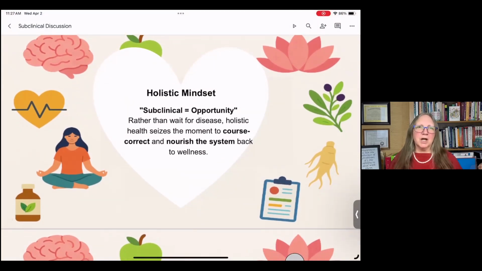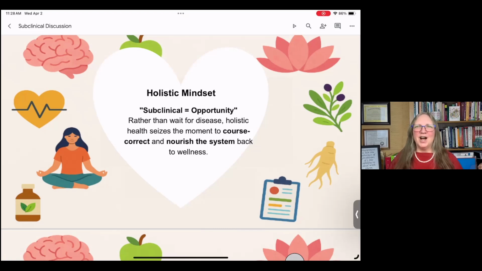So subclinical signs are not just red flags. They're actually an invitation to stop, to listen, and to act. So a holistic mindset says subclinical equals opportunity, not subclinical means I'm getting a disease. Okay?